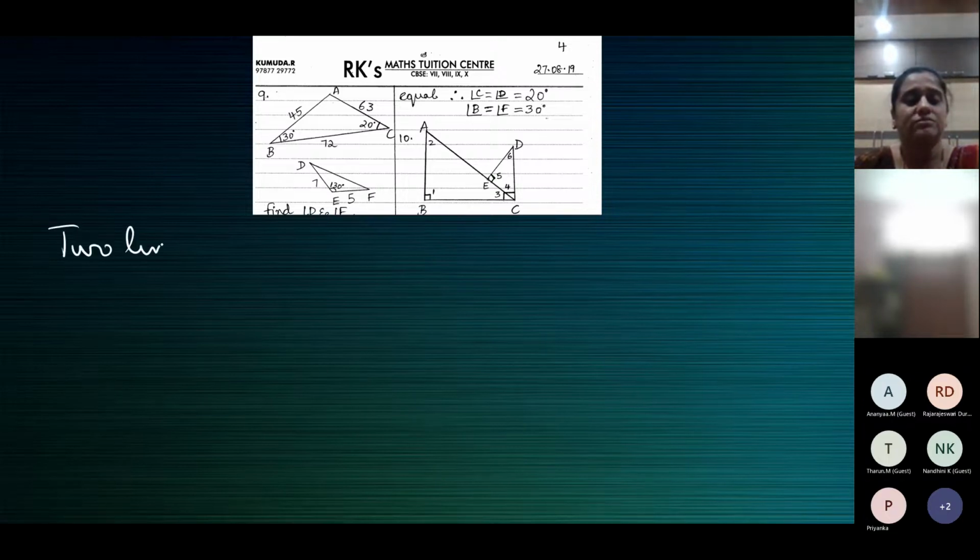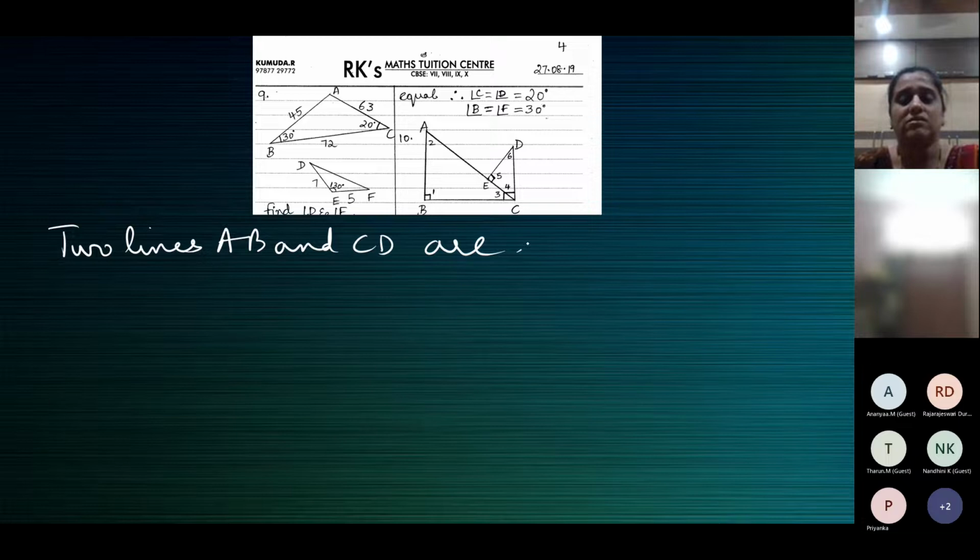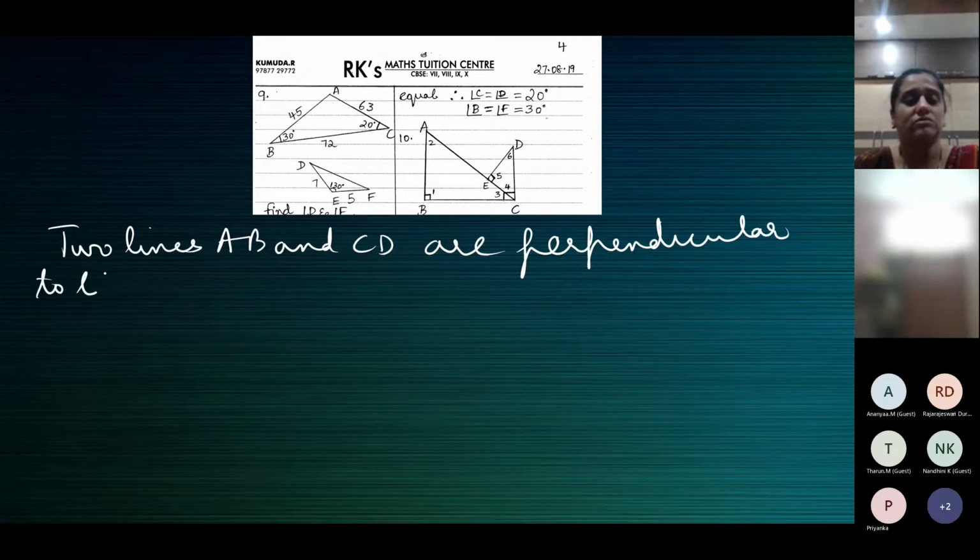Two lines AB and CD are perpendicular to the same line BC.